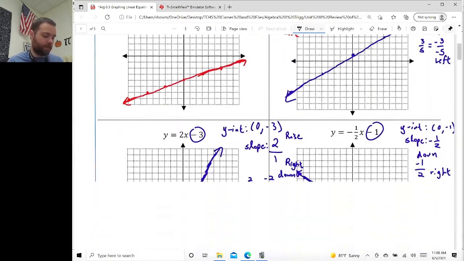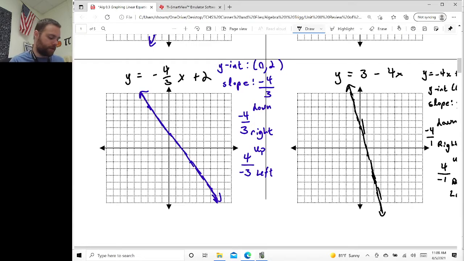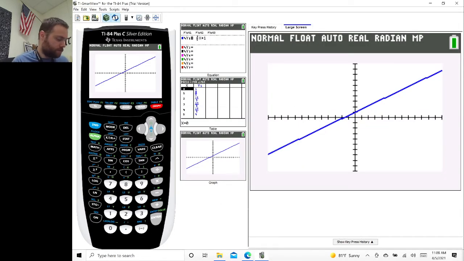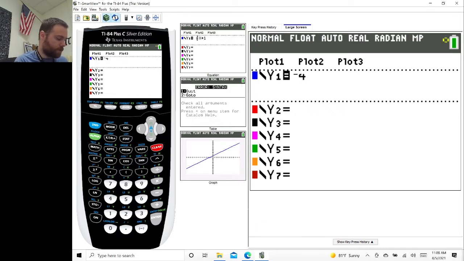So I'm going to go through some of these and show you how to graph them. I'll only do a couple. I think I'll do these two. Negative 4/3 x plus 2. So negative 4 divided by, let me make sure I do that. So alpha y equals, just good practice to get you used to fractions in the calculator. Negative 4/3.